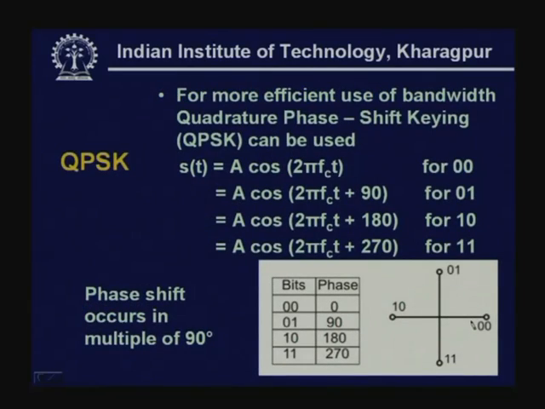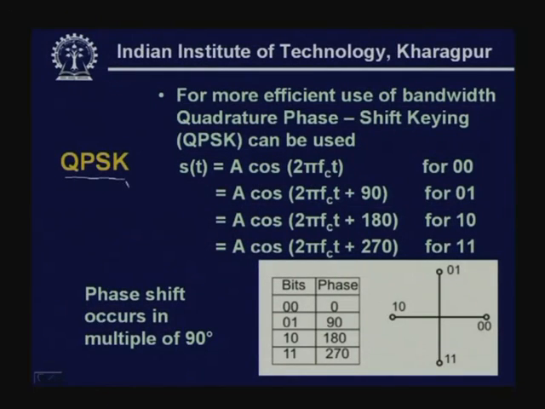Now, we can extend the basic concept of 2 PSK modulation to have QPSK. In QPSK, what we are doing? We shall be sending 4 different phases. Since there are 4 different phases, it is possible to represent 2 bits for each signaling element.